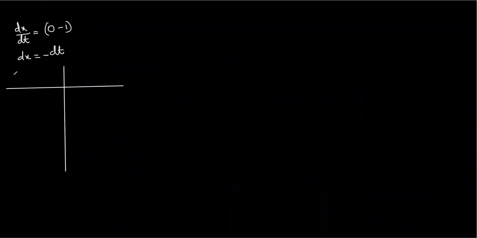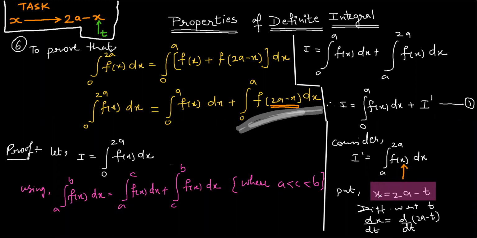When x is a, and when x is 2a. What was the substitution that we used? We put x as 2a minus t. This is the substitution.